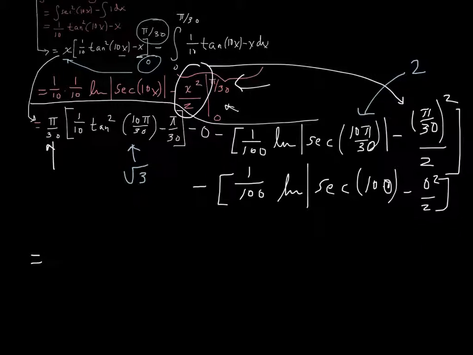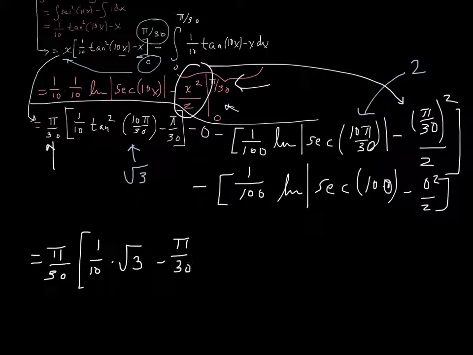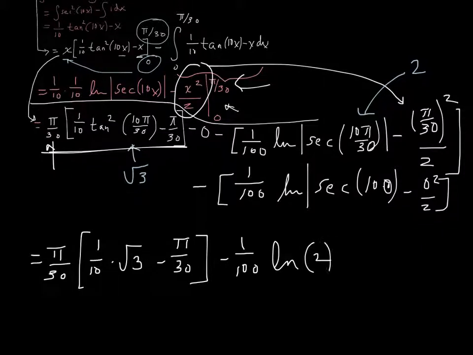Starting from right here, pi over 30 times 1 over 10 times the square root of 3 minus pi over 30, so that's that piece, minus 1 over 100 ln of 2 plus, let's square this out, so that becomes pi squared over 900 over 2, which becomes pi squared over 1800.